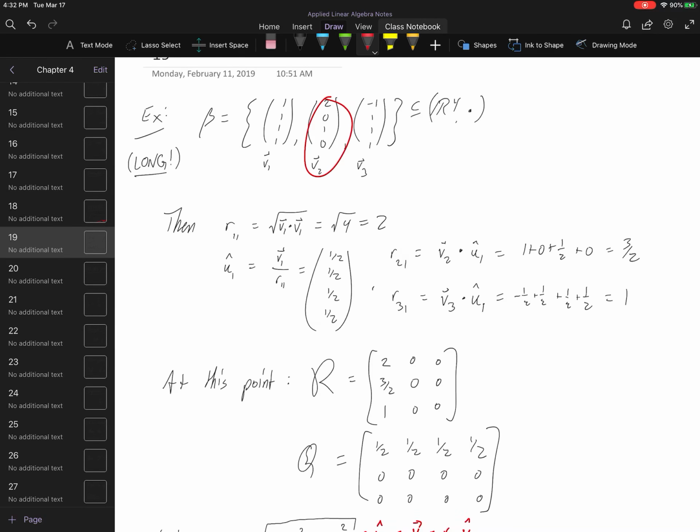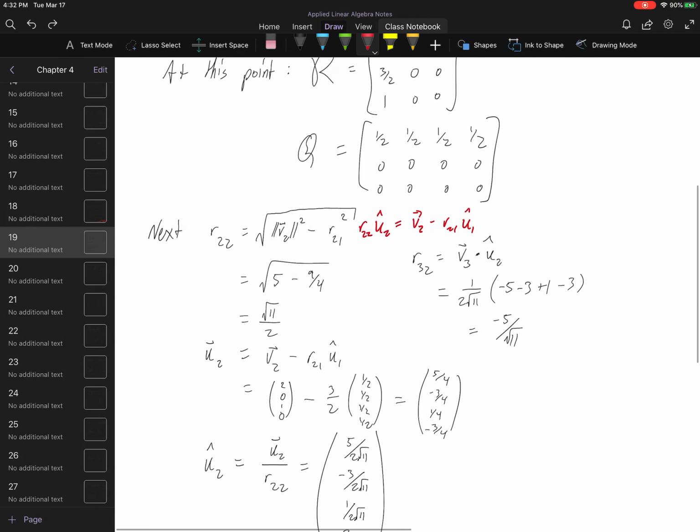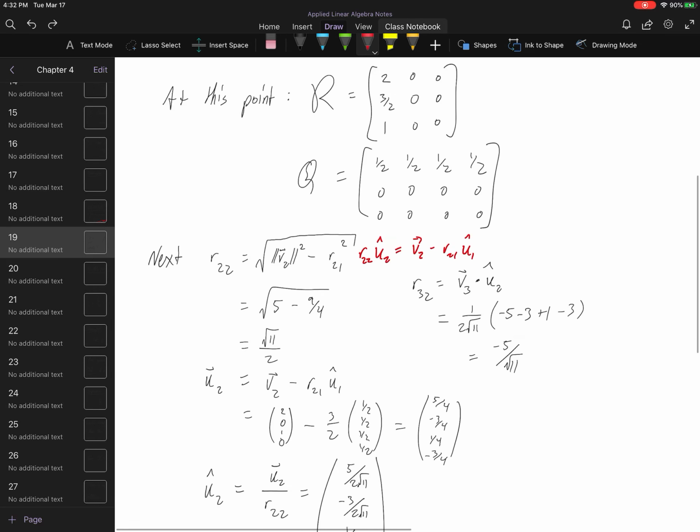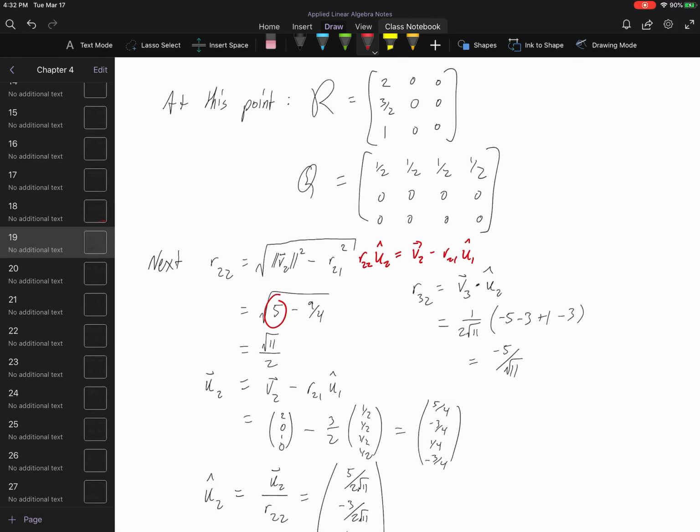Right, so V2 I can compute very quickly. Then this vector up here has a length of root 5, so I square it, and that's what I get for the first component here. That's the 5. And I subtract off R21. R21 is this element here, second row, first column of the R matrix.